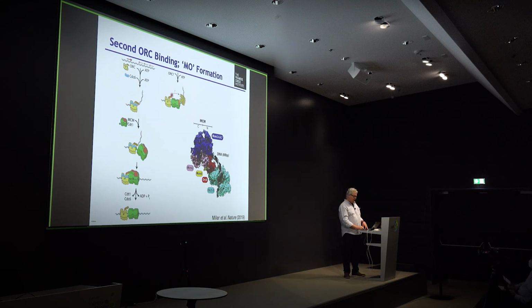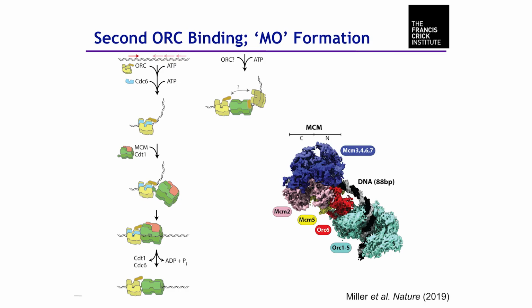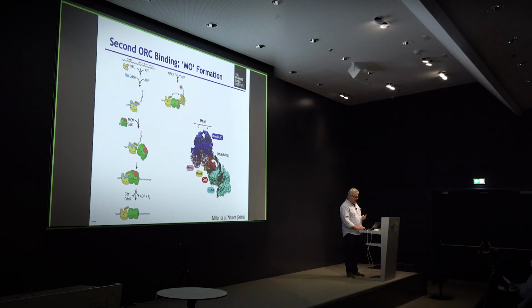So instead of making contacts with the C terminus, which is what's happening here, in this complex, ORC is now bound to that B2 element. It's bent the DNA, and it's bound to the N terminus of the MCM complex. And this structure had a lot of implications because the way that this is configured, this has bent the DNA very similar to what's happening over here. And this face of ORC is now free to bind the second hexamer.